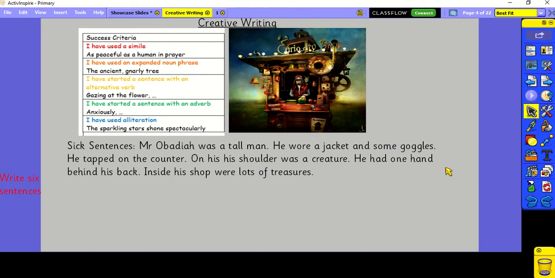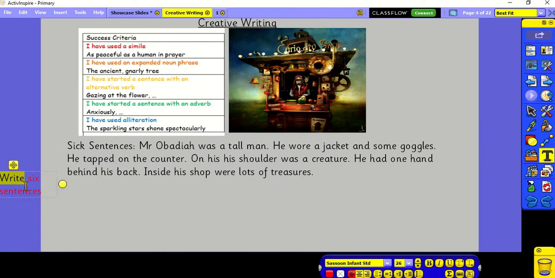These sentences are all boring. They are all short sentences and they have no descriptive language in. Here, there are 6 sick sentences. Your job is to improve them. So you should still have 6 sentences in your piece of writing, but they should be 6 brilliant sentences.